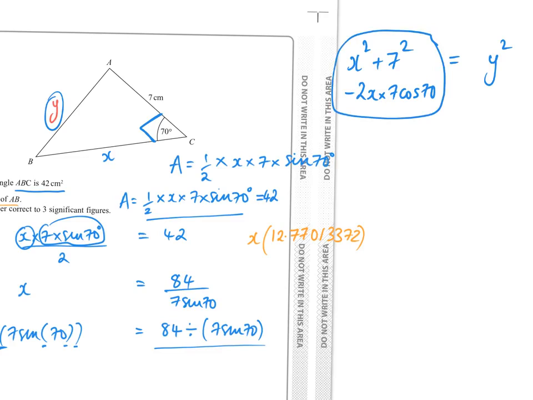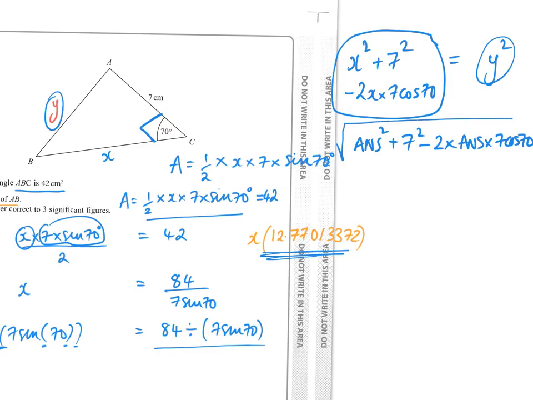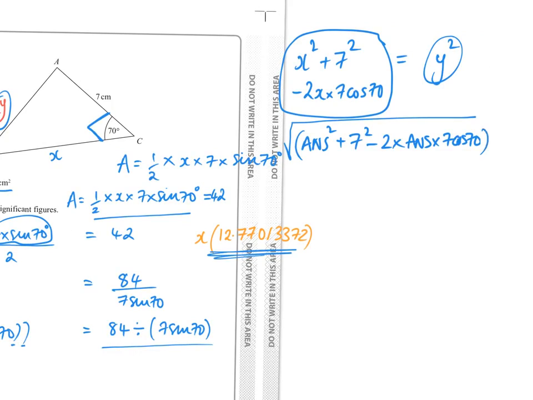So that's my left hand side expression, and all I have to do is put the value of x that I've already got here, and I can just put that as ans on my calculator. So I can do ans squared plus 7 squared minus 2 times ans times 7 cos 70, and then because it's y squared I can just put a big root sign around that. You can either do that all in one go, so you can either do this and then put a bracket here, or you could have just done this first and then square rooted it at the very end.